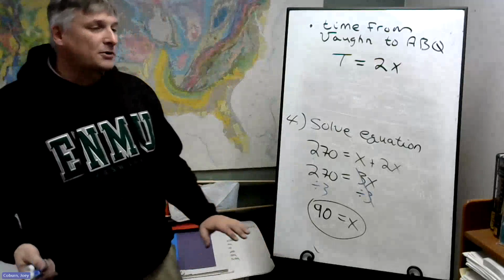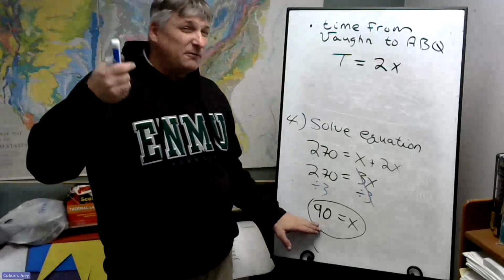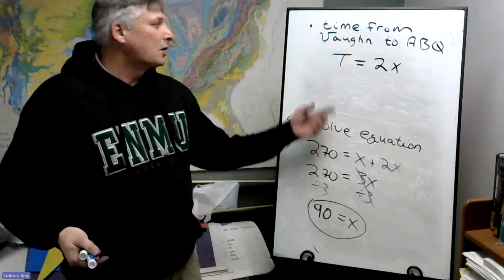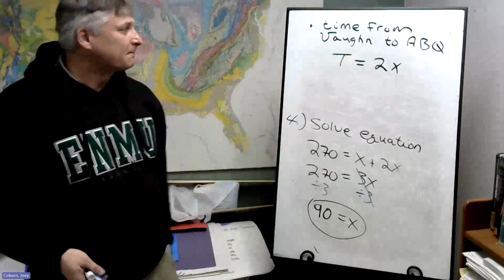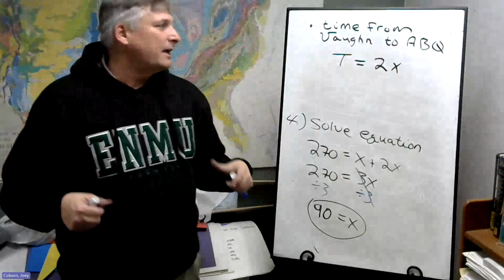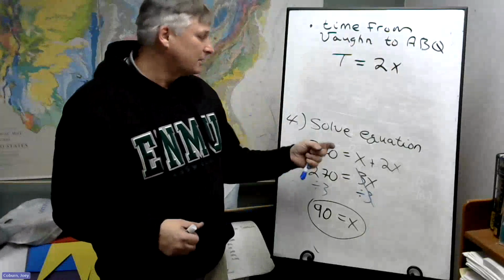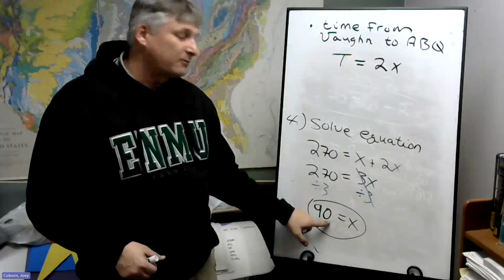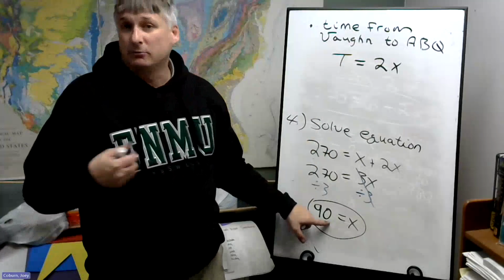But they might say, okay, I want you to go back. Now that you have the fundamental unknown, determine what the other unknowns are. So for us, we want the time from Vaughn to Albuquerque, and that time is going to be twice the time for x, the time from Roswell to Vaughn.